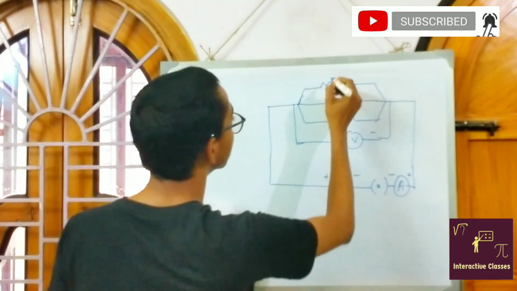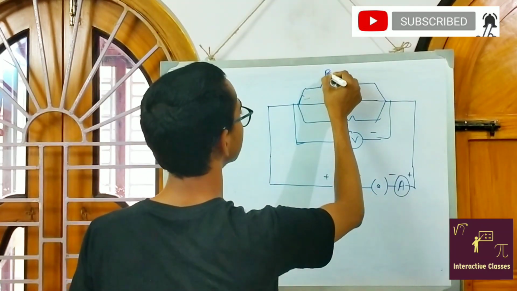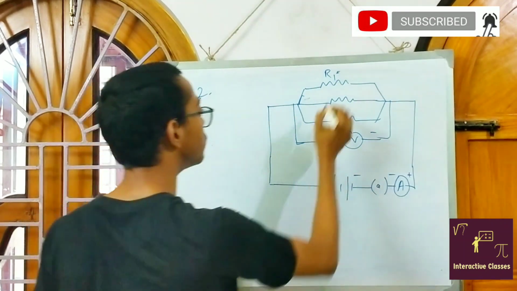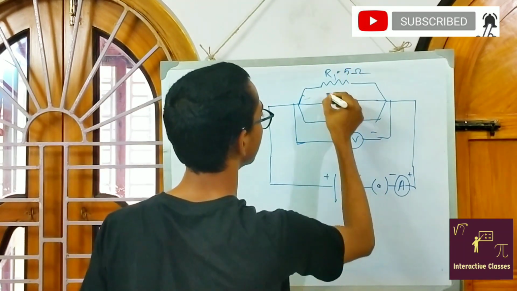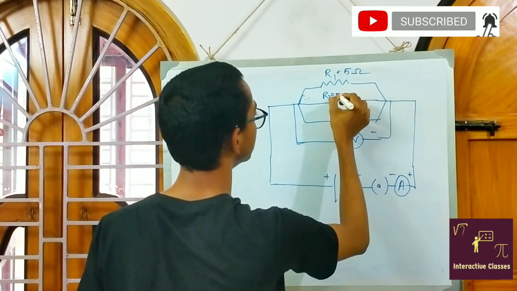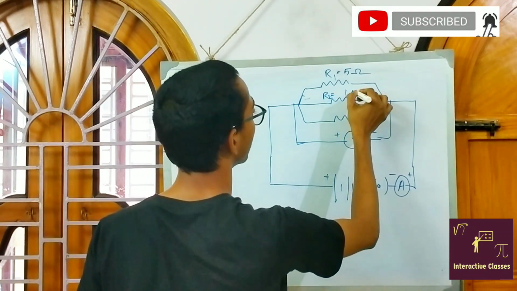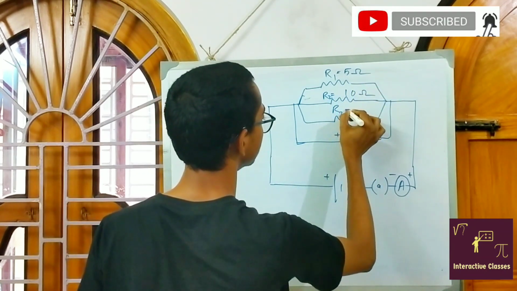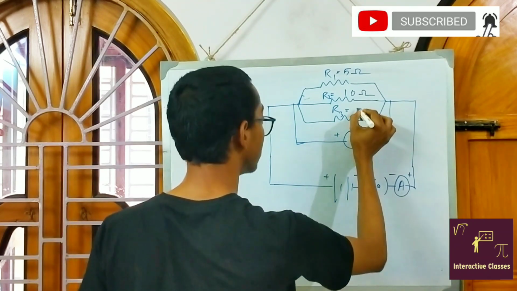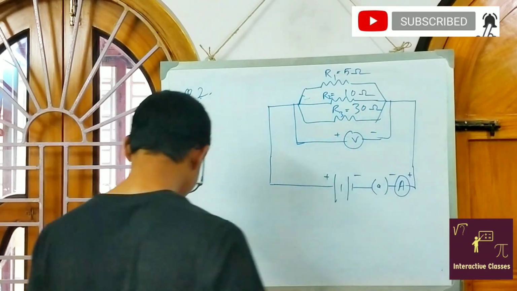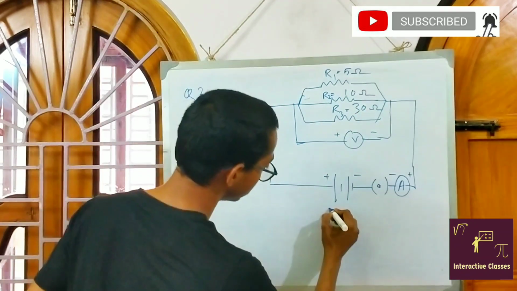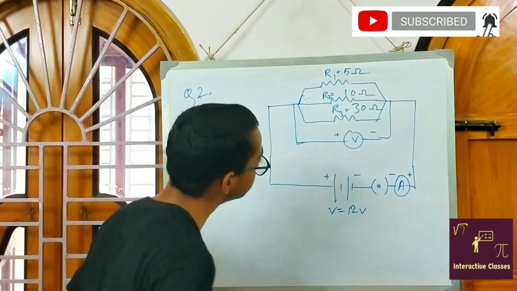Now this resistance R1 is equal to 5 ohm, R2 is equal to 10 ohm, R3 is equal to 30 ohm. The voltage is 12 volt.